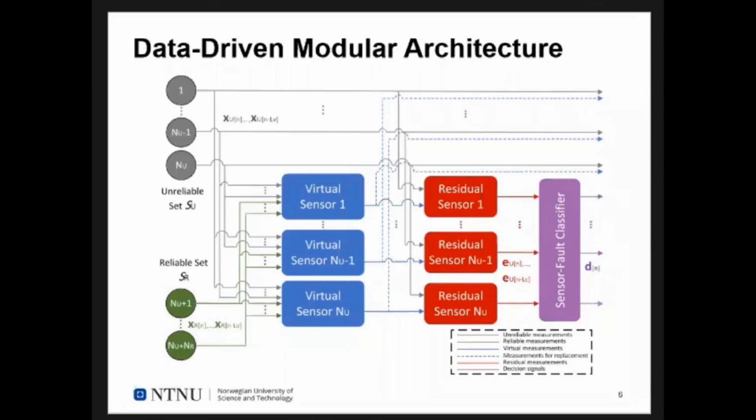Sensor number 2 will be the same, excluding sensor number 2, and so on. So it will be a sort of cross network in which each measurement relies on the rest, a cross-dependence network to see how sensors are related to each other.